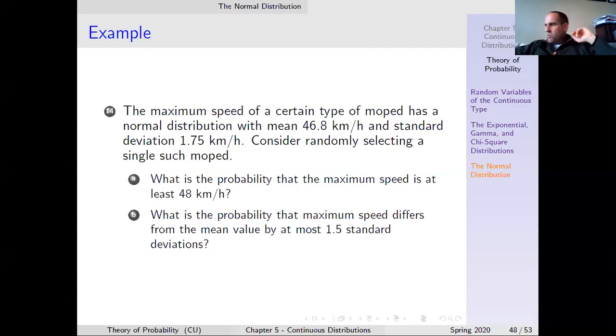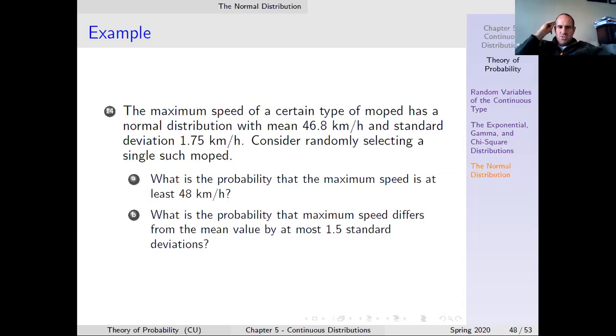So the mean, I'm writing this down so we can use it, is 46.8. The standard deviation is 1.75.